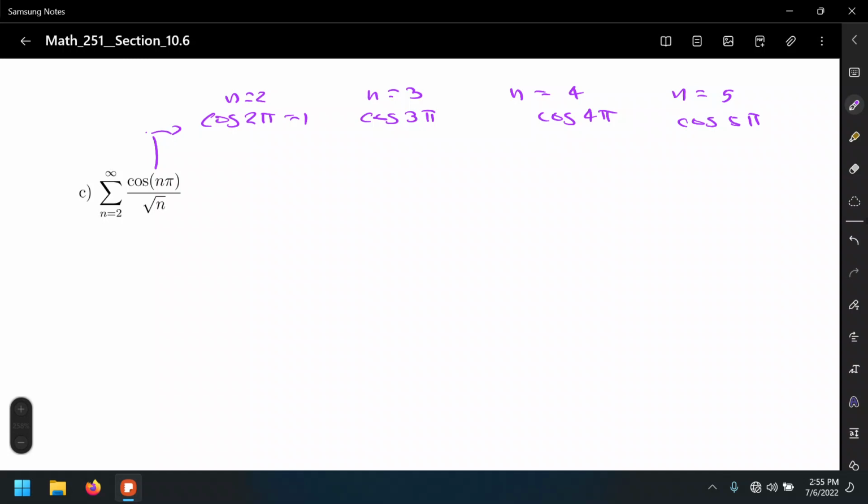What's cosine of 3 pi? Negative 1. What's cosine of 4 pi? Cosine of 5 pi? Did you see the alternating? Okay, we can rewrite this series in the following form.